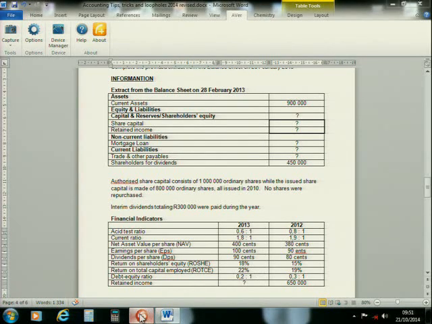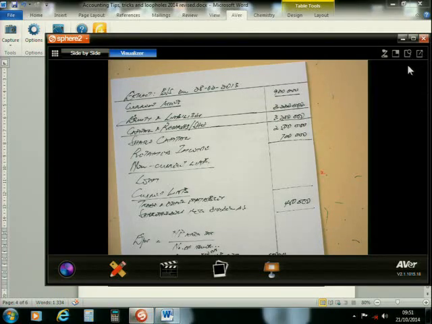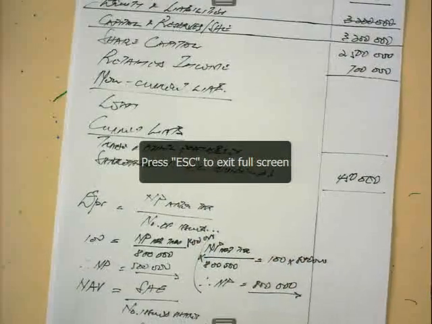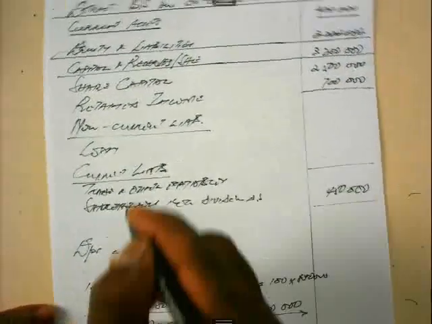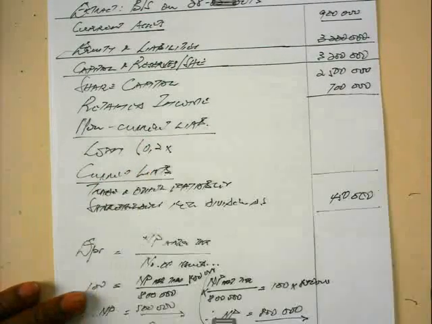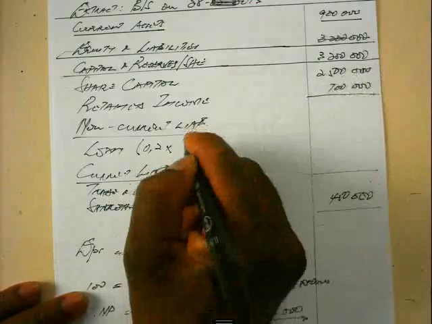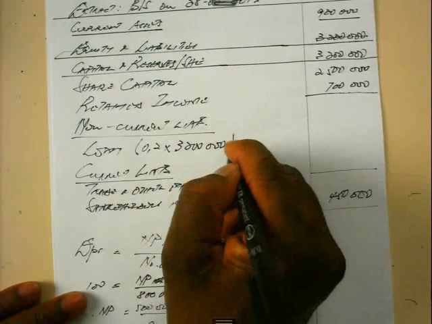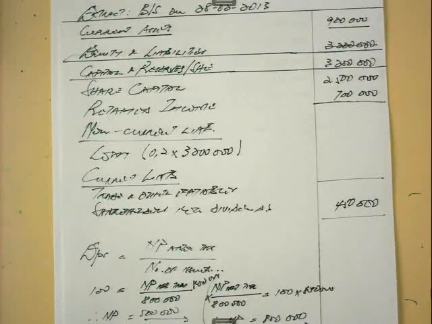Right? Let's work it out. There's a loan. We're told it is 0.2 of your equity. Your equity is 3.2 million. Your debt accounts for 0.2 of your total shareholders' equity.